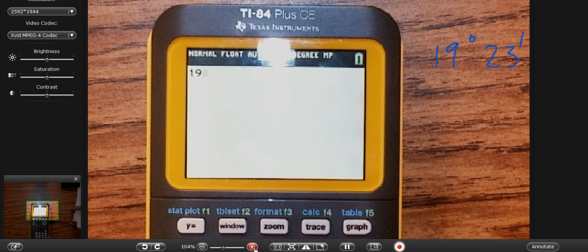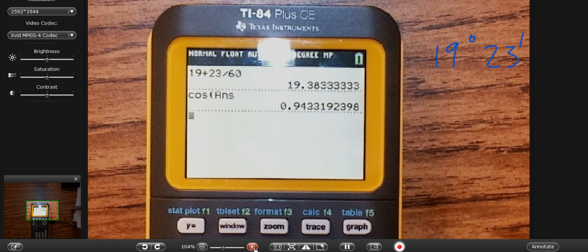Okay, 19 plus what? What do I do with the 23? I'm trying to change the 23 minutes back into degrees. Divide by what? 60. So we're talking 19.383 repeating degrees. I think we wanted the cosine of that, correct? So if I were you, I would do cosine of the answer.